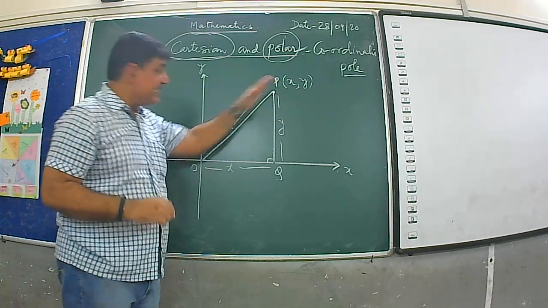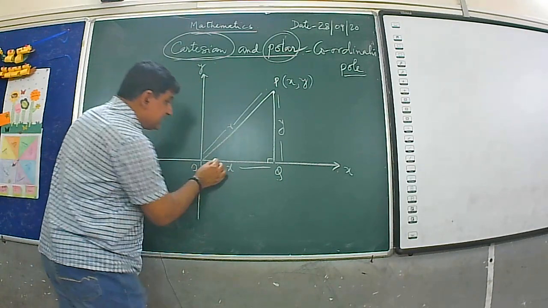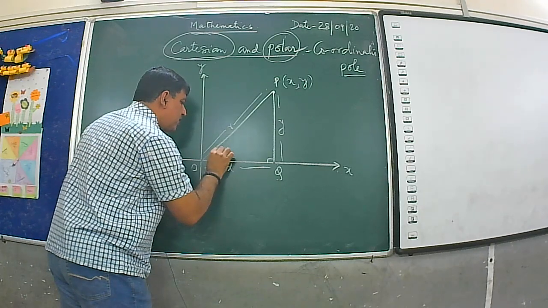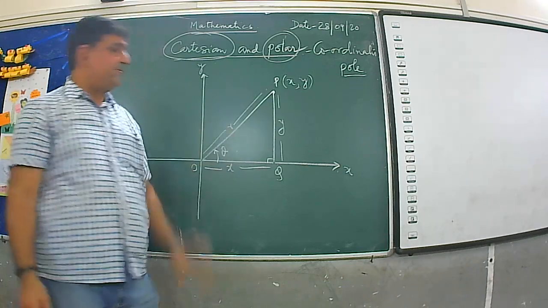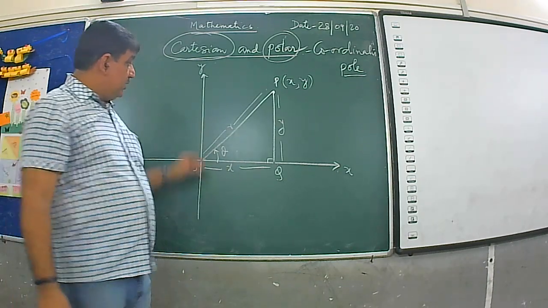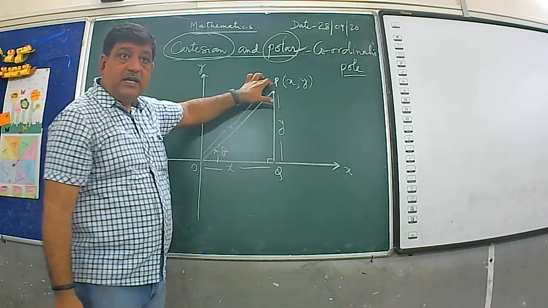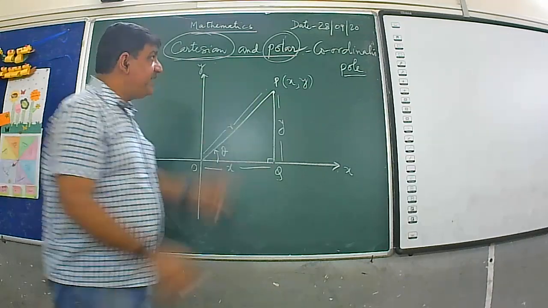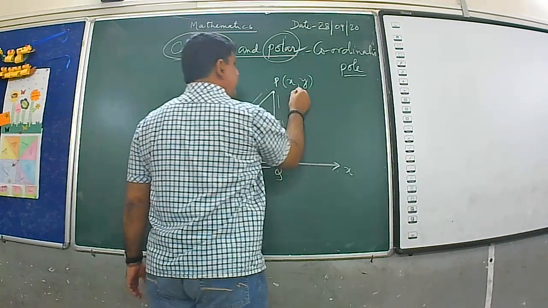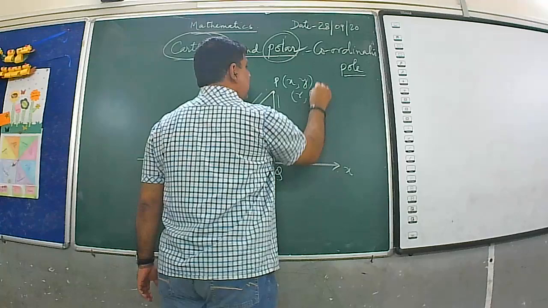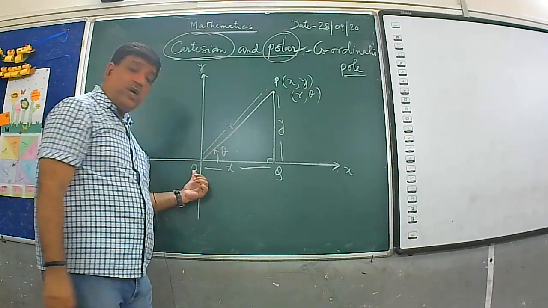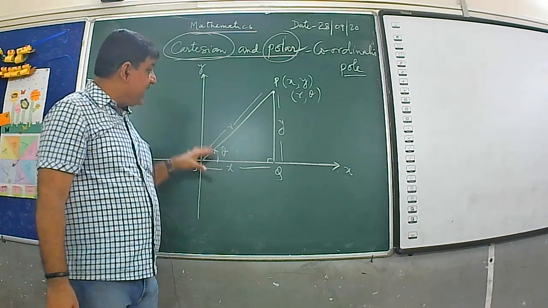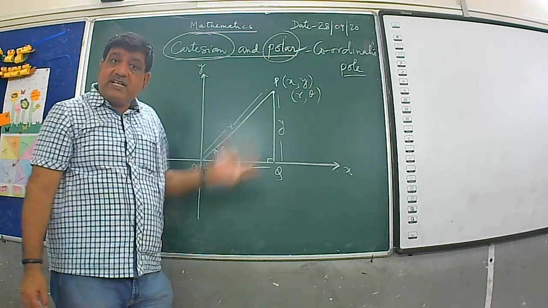And this pole is inclined at an angle theta with positive direction of x-axis. Now, the coordinates of P here will be written in the polar form as r comma theta, where r is the distance of point P from origin and theta is the angle which this pole makes with the positive direction of x-axis.